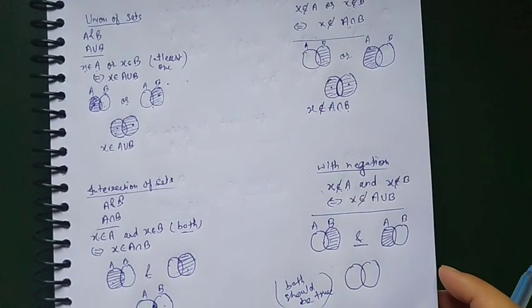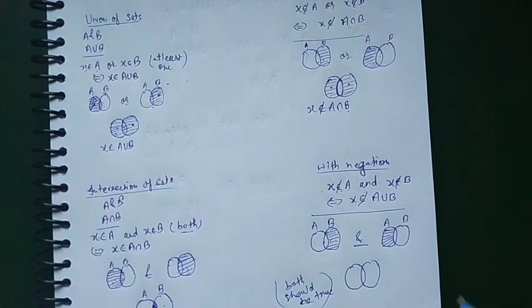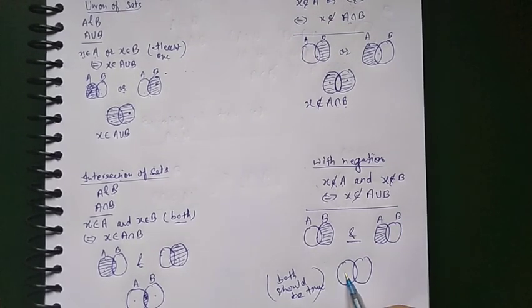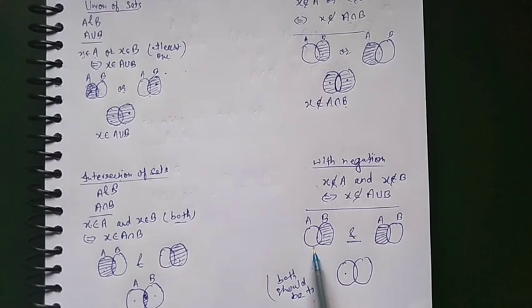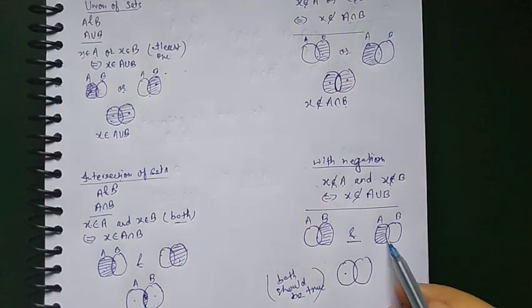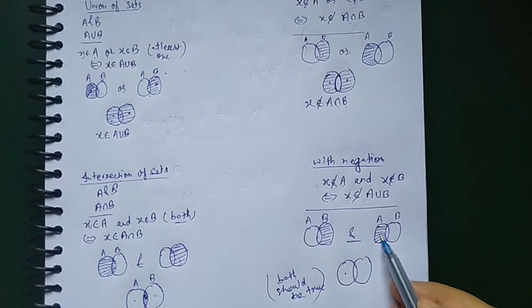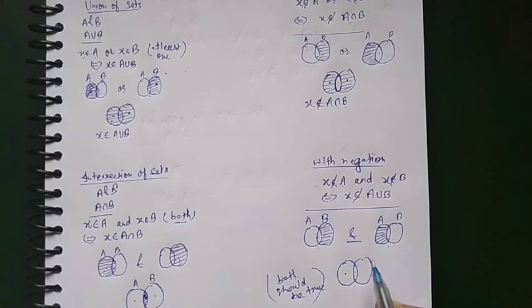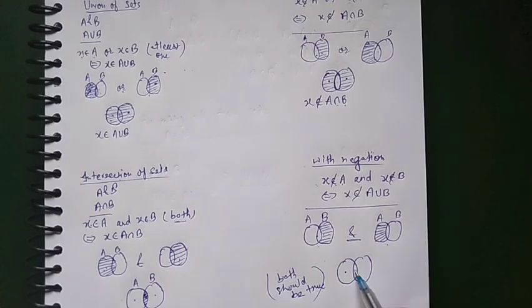If we take x is here, then this is also not satisfied, but this is satisfied. But here both should be true, so x can't be here. If we take x is here in this intersection region, then this and this both are not true, so x can't be here also.